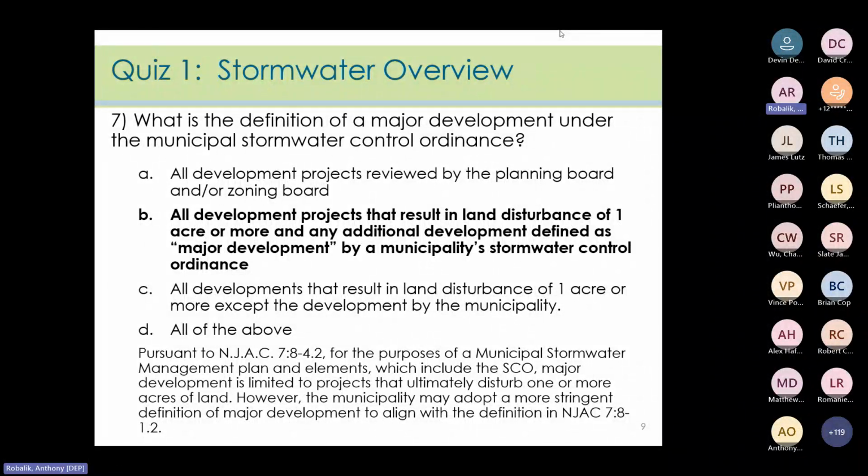This is pursuant to New Jersey Administrative Code 7:8-4.2 for the purposes of a municipal stormwater management plan and elements, which include the SCO. Major development is limited to projects that ultimately disturb 1 or more acres of land. However, the municipality may adopt a more stringent definition of major development to align with our definition at 7:8-1.2.